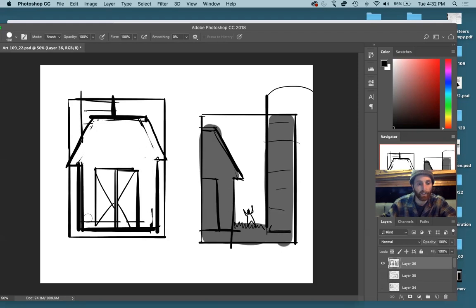So now this barn is so big, it is right close to the edge there.